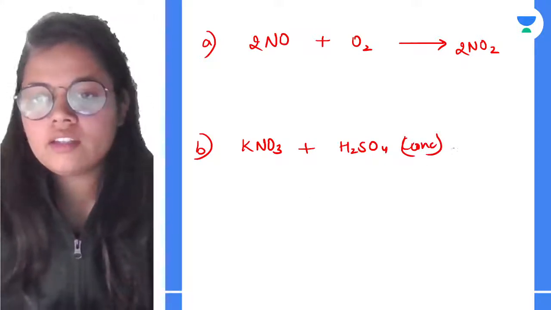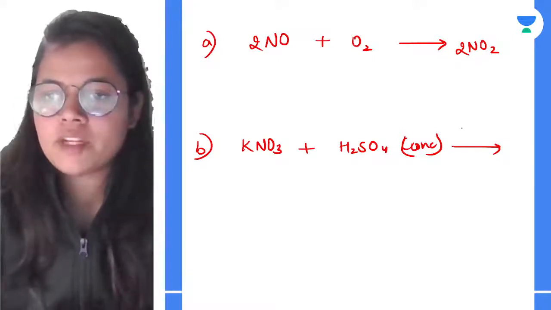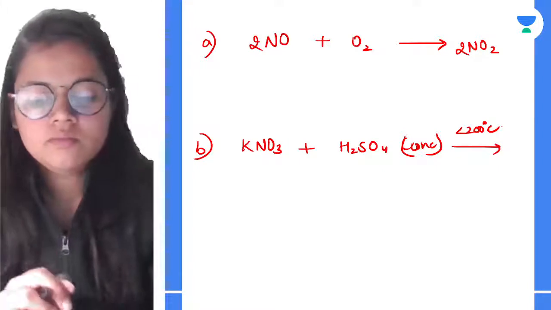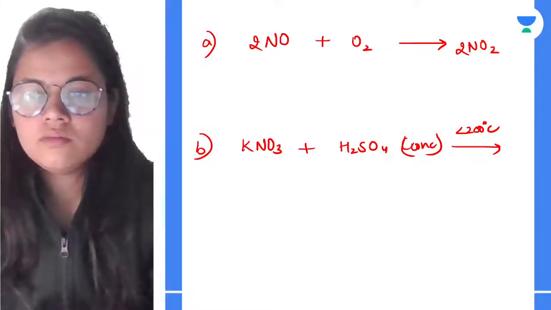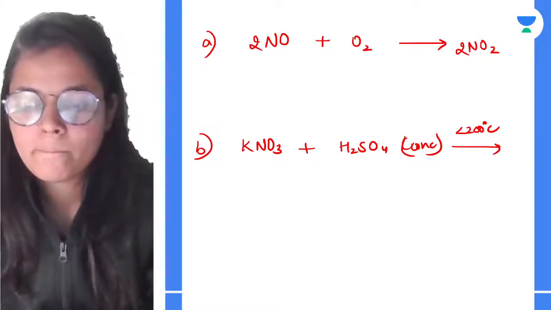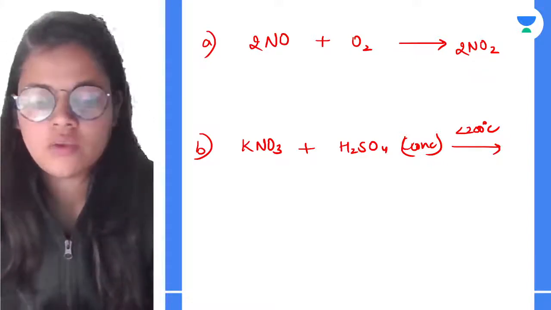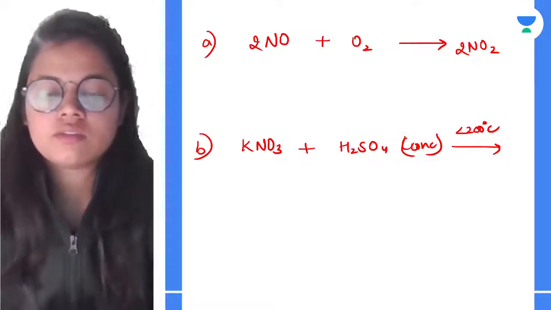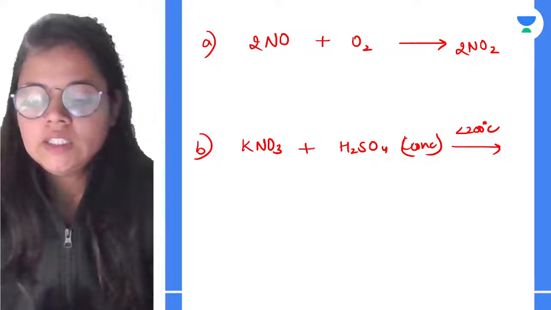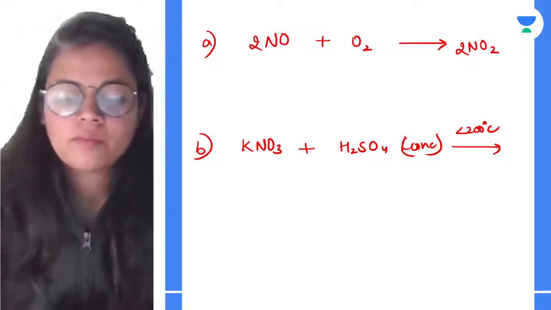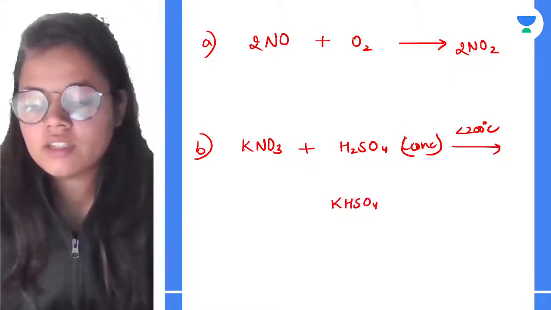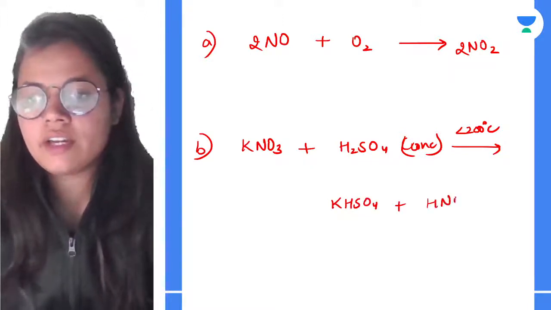The temperature, as we know, is maintained below 200 degrees Celsius. What is the product that we get? Correct. So basically this is for the preparation of nitric acid.